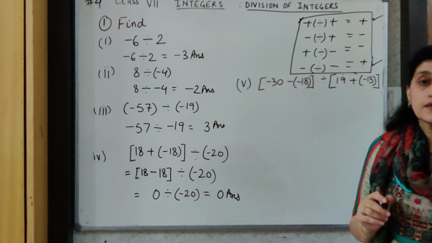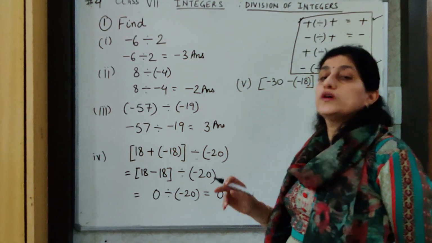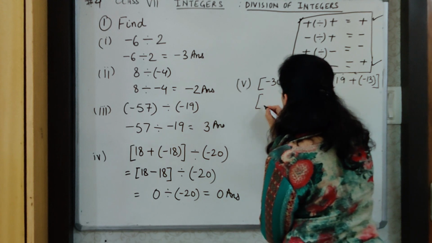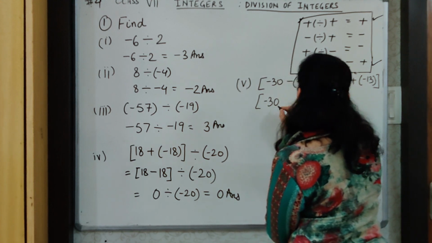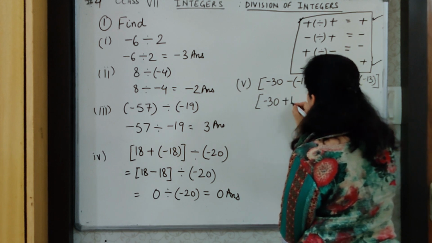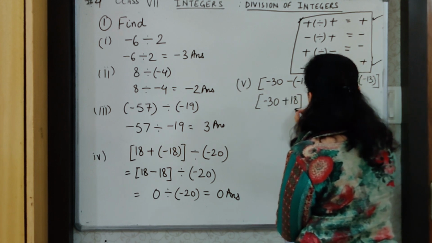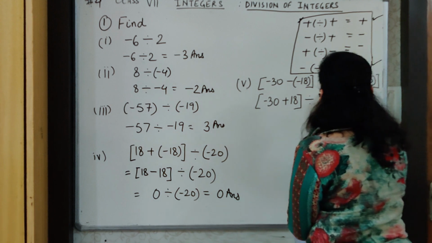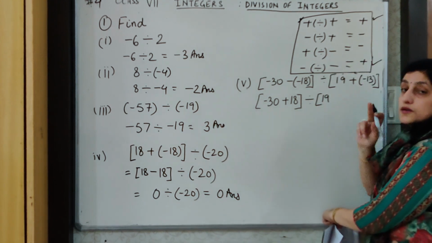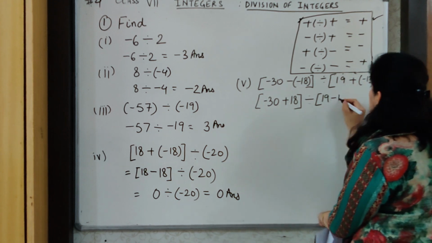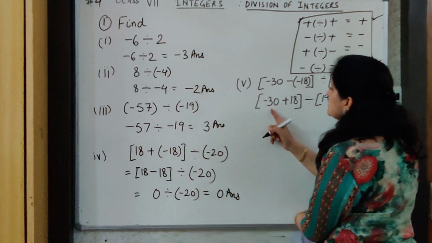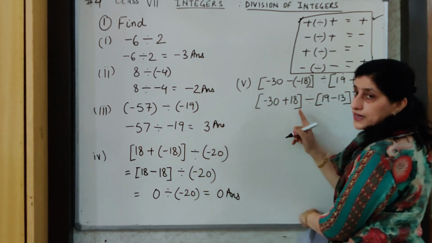Now using the BODMAS rule again for this question, we'll start solving. We get minus 30 minus into minus plus 18 bracket close, divided by 19 plus into minus minus 13 bracket close.